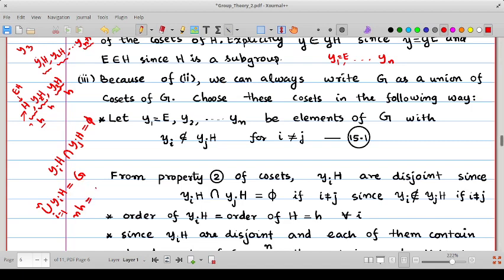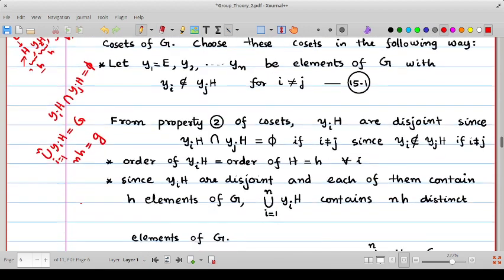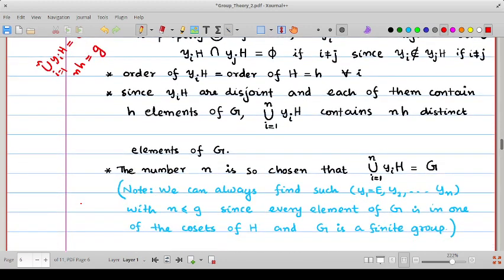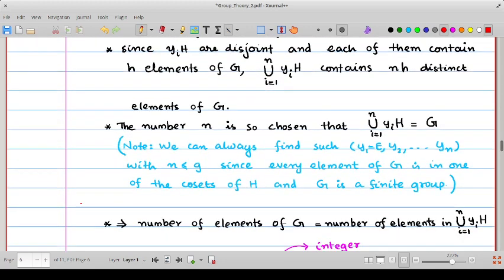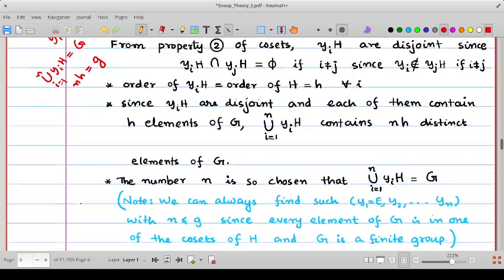That means the order of the group G should be equal to n times |H|. And this is exactly what the Lagrange theorem says. Given any group, the order of a subgroup should be an integral divisor of the order of the group. So |G| should be equal to n|H|, and n should be an integer, as we have seen here.